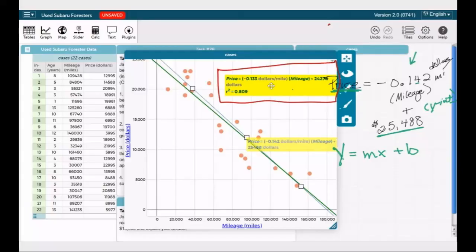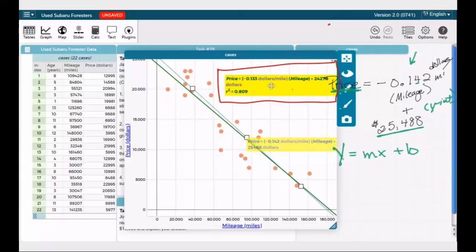Now, they also have what we call R squared. That is the strength of this correlation. I think I'm going to get back into that tomorrow because I want to be more certain with that.